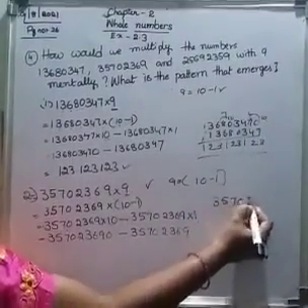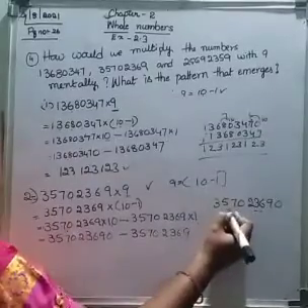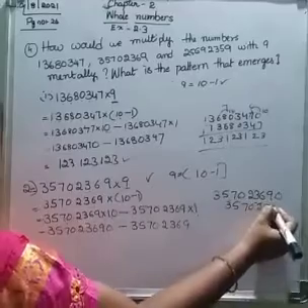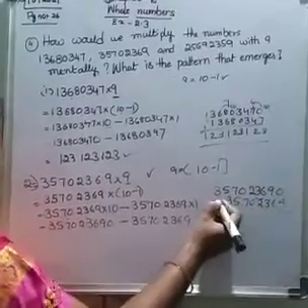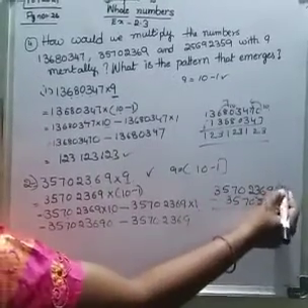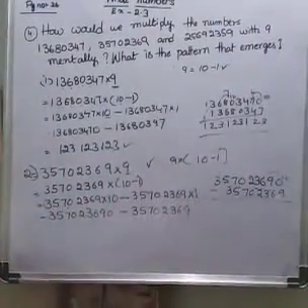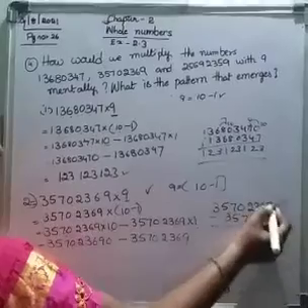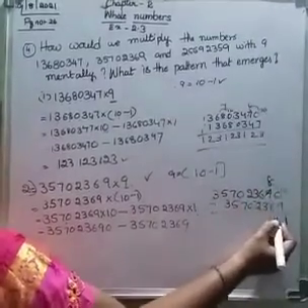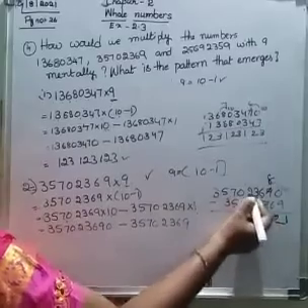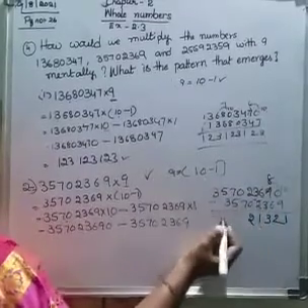357023690 minus 35702369. 10 minus 9 is 1. Here 8 minus 6 is 2. 6 minus 3 is 3. 3 minus 2 is 1. 2 minus 0 is 2.